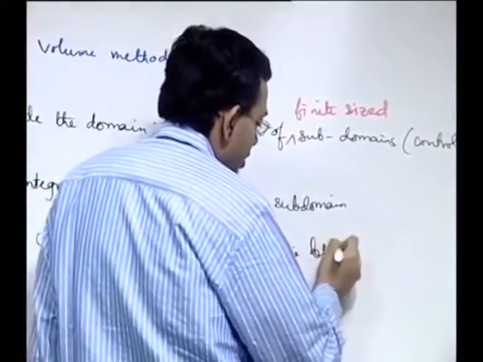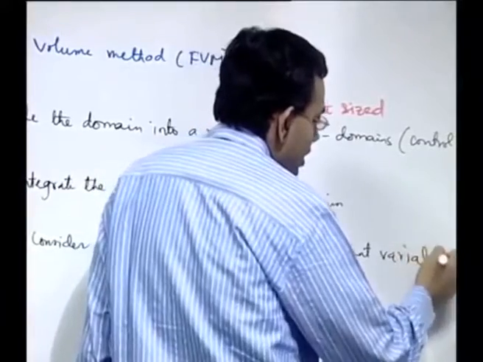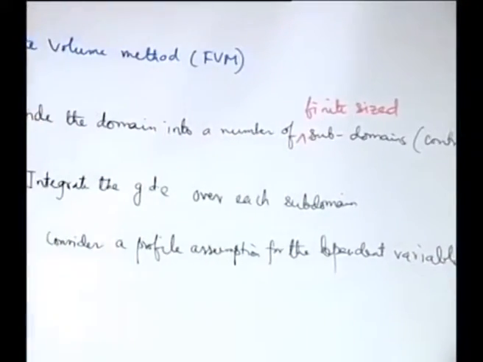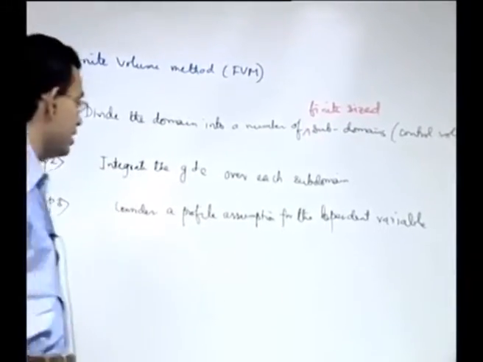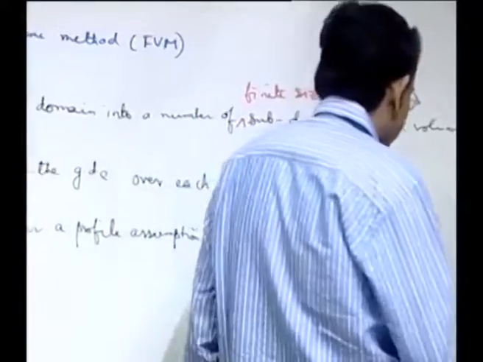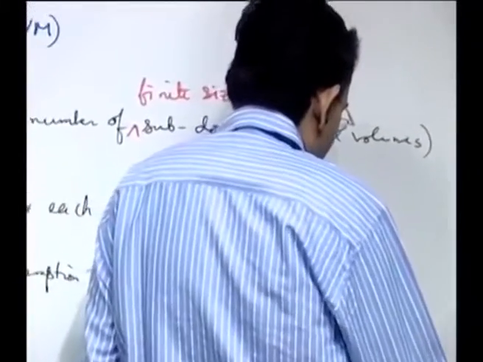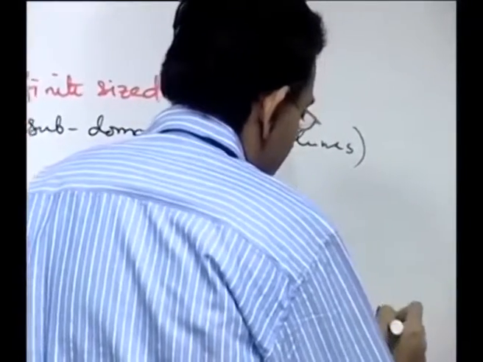This is the interpolation function. It has several logical similarities with the finite element method, but it has more flexibility than the finite element method, that we will see. So, consider a profile assumption for the dependent variable for evaluating the above integrals.